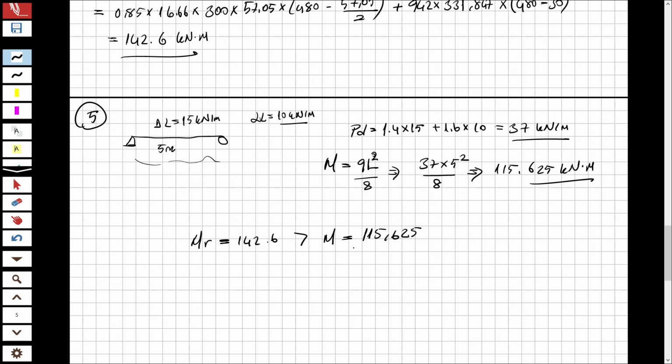So this is greater than this moment, so it is okay. We are going to write like that. The design is okay. That means that our design can carry this moment created by these forces. Okay. Now the question is solved.